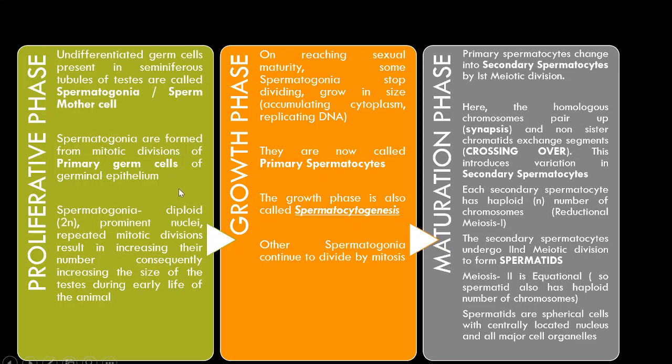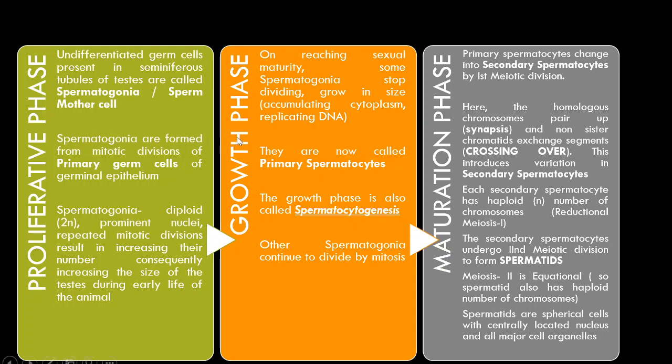They are present in the germinal epithelium. The spermatogonia are diploid. They have a prominent nucleus and they undergo repeated mitotic divisions so that there is an increase in number, which also helps in increasing the size of the testes during early life of the animal.